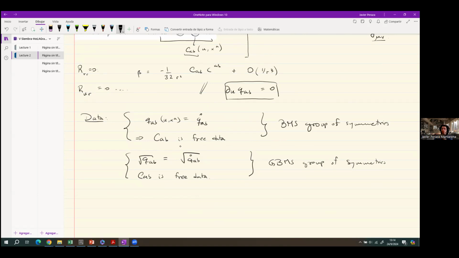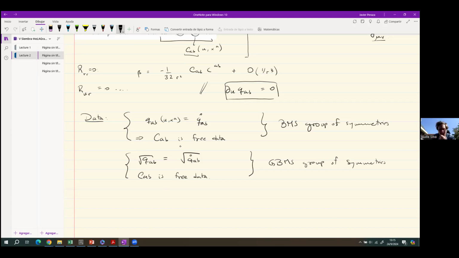I didn't know from the equations whether Q was going to be U dependent or not, because it seemed to me pretty confusing for the leading term to be U dependent. Oh, okay, yes. It is not dependent on U. So it's going to be U independent, but it can change from sphere to sphere, let's say, by a conformal factor. So you have two different solutions, but they are related by a conformal factor.